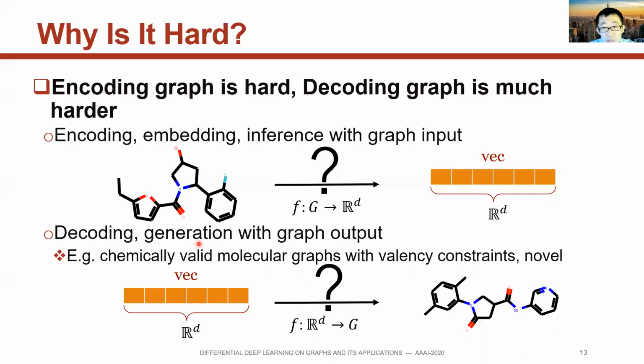What's more, the generated graphs are not trivial graphs. They must follow valency constraints in nature to guarantee chemically valid molecular graph structures. And we also want to generate as many novel graphs as possible.